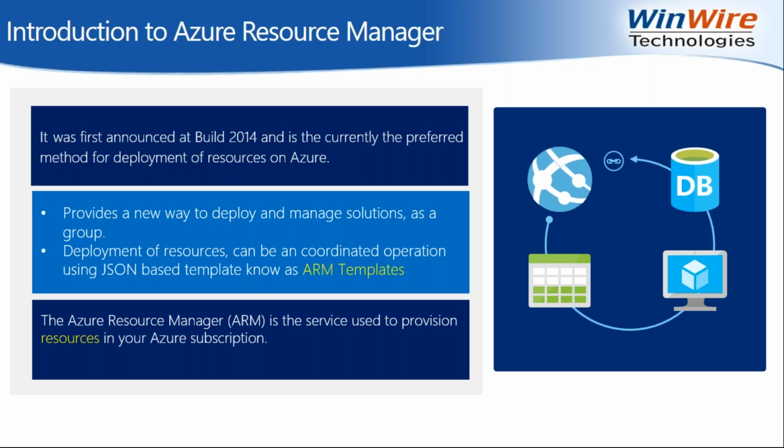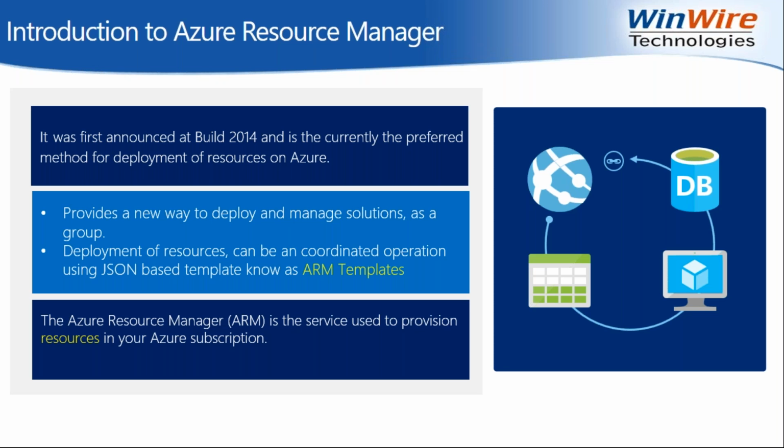That's when Azure Resource Manager came into the picture, and way back at Build 2014, it was first announced. This is an API layer that allows us to connect to Azure resources and also configure and deploy them.